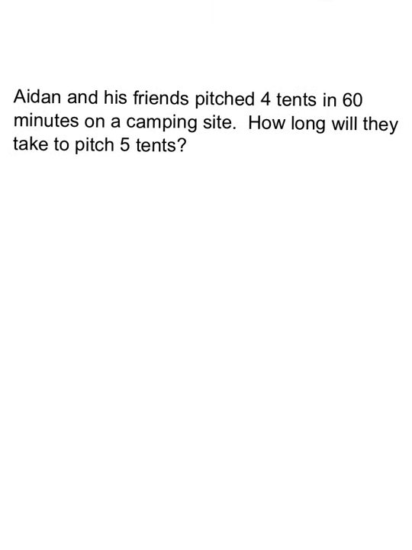All right. Aiden and his friends pitched 4 tents in 60 minutes on a camping site. How long will they take to pitch 5 tents? So I know 4 tents in 60 minutes, that goes together. That's my complete rate. I'm being asked for how long it will take to pitch 5 tents. So my variable is what I'm being asked for.